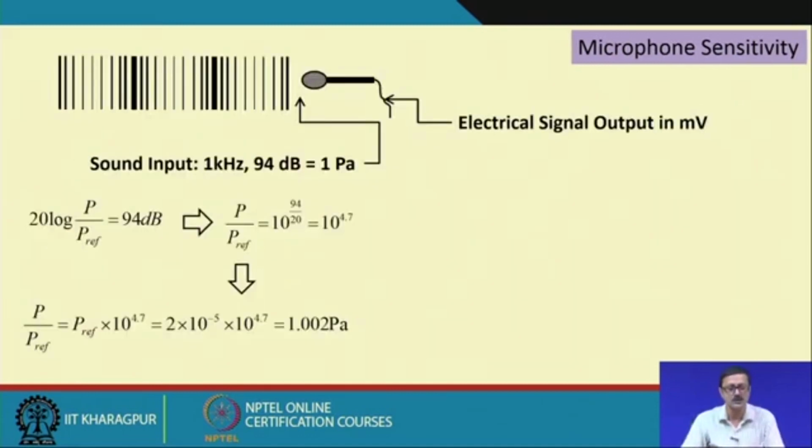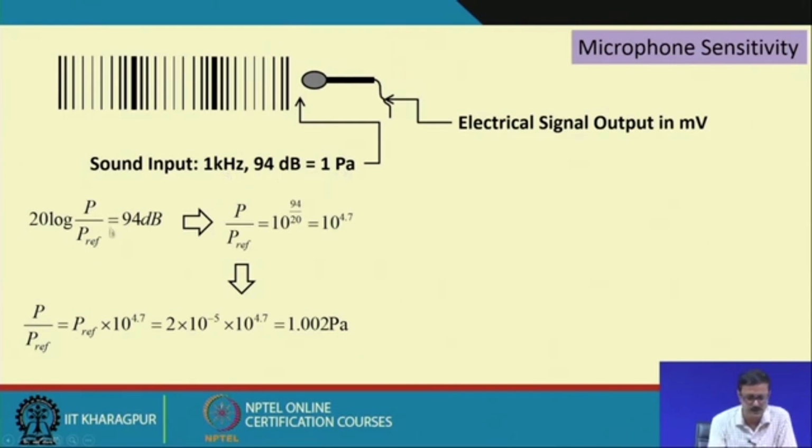So, I have given a pictorial diagram. Suppose this is the audio wave or the sound wave, which is actually a mechanical wave. It is compression and rarefaction, and it comes to this particular microphone. The input has to be 94 dB at 1 kilohertz, equivalent to 1 Pascal.